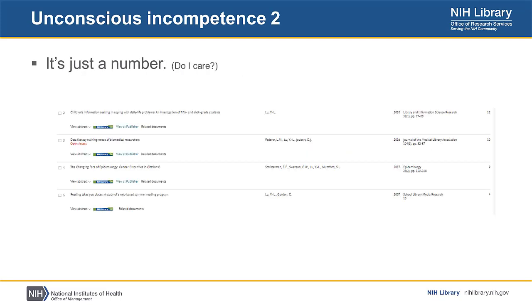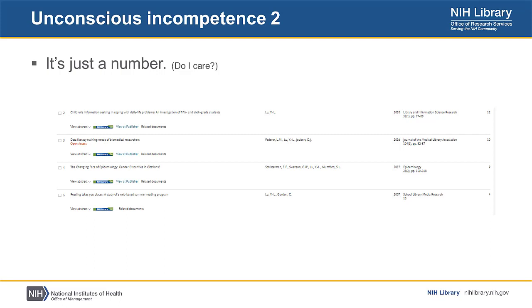Okay, and then the second stage moved in when I graduated from school and started publishing my own stuff. My attitude back then was like, it's just a number. Do I really care? I know it's just a citation.